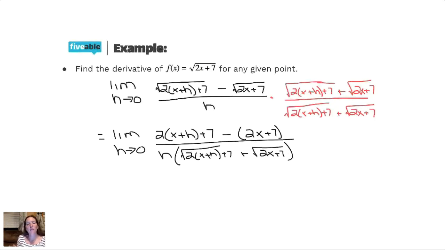Again, I'm not really going to distribute the h in the bottom because I'm hoping that that h is going to go away, right? The ultimate goal is to try to get rid of it so we don't have a 0 on the bottom anymore. So let's clean up and see what happens in the numerator a little bit.